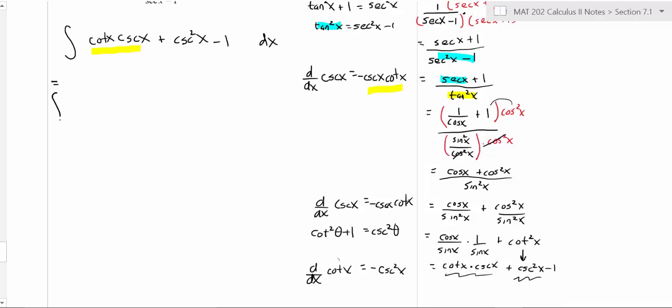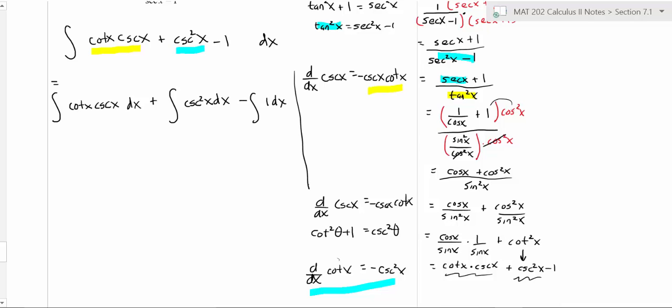I'm going to say integral of cotangent x cosecant x dx. Then I'm going to put this together. The reason I'm doing that is because we have this rule: derivative of cotangent is negative cosecant squared x. So I'm going to write this as integral cosecant squared x dx. Then I'm going to do the integral of 1 dx, which of course is a breeze to do.